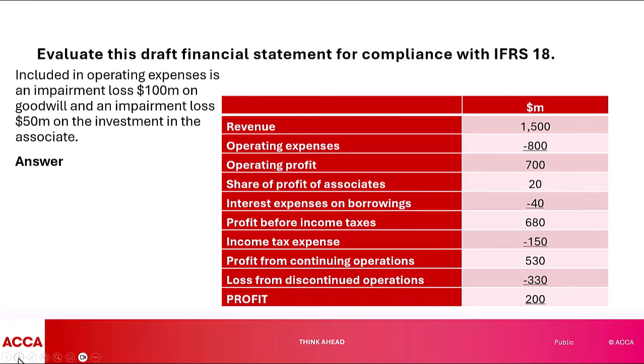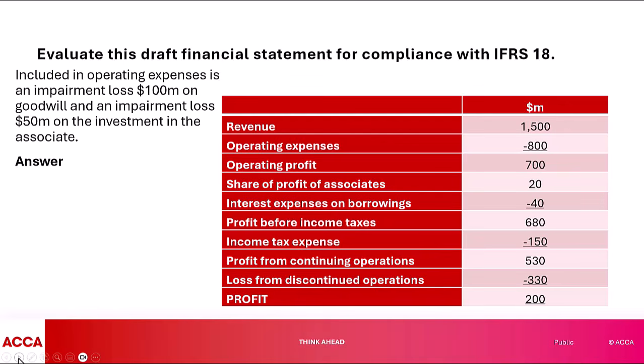Now, if you have paused the video, think about why you've been given the information about the impairment losses. It is technically correct that the impairment loss on goodwill is dealt with as an operating expense, but I think it should be disaggregated. I think it should be separated out. I don't think operating expenses should be 800.